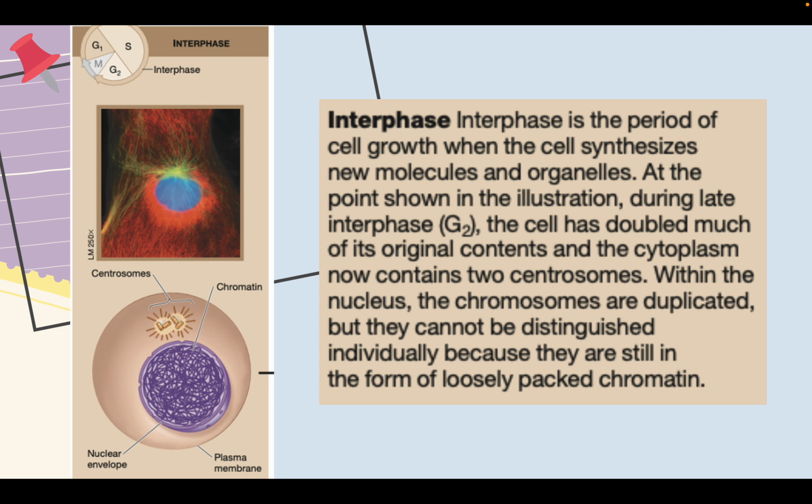Inside the cell's control center, which is the nucleus, the genetic material or the chromosomes has copied itself, but it still looks like a tangled mess and can't be seen as individual chromosomes yet. So it's like the cell is getting ready for the next phase.